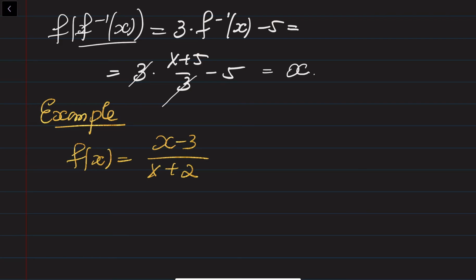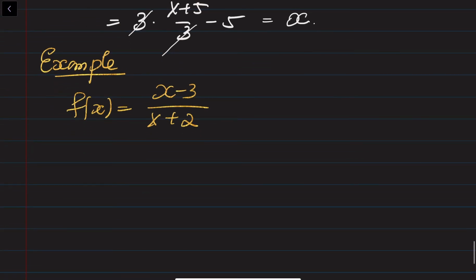Essentially this is a one-to-one function. We can check this by making the graph of this function using one of the graphical tools. But let's discuss how to find the inverse, or rather, how to find the domain.